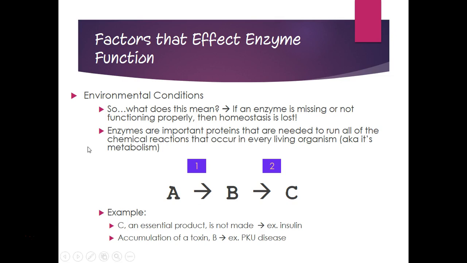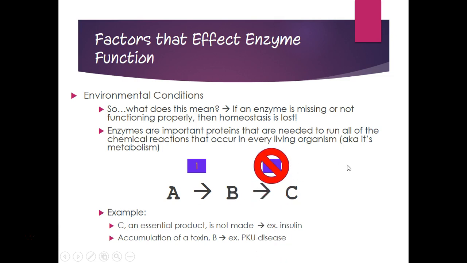Instead, most of your metabolism is these big series of chemical reaction pathways, and in fact most of them are way longer than this. But this is just an example. So if I have a situation where in order for my body to make that product C that I really ultimately need for my cells to work, my body has to take in A, so I've got to go from A to B. One enzyme's going to catalyze that reaction, but then I need to go from B to C, and I've got the second one.